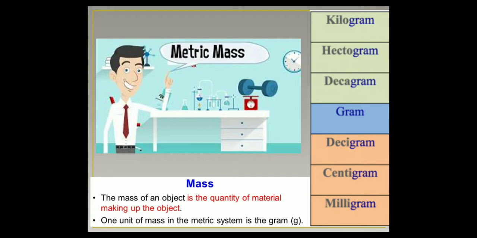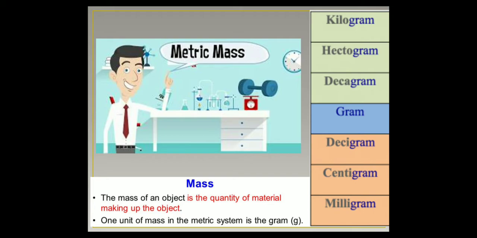When we measure things like potatoes, tomatoes or vegetables, we take the whole object and measure it, and that is what we call mass. The basic unit we use here is grams.